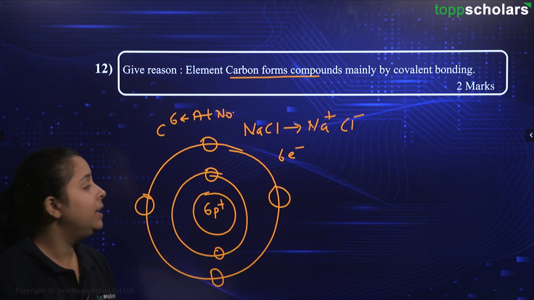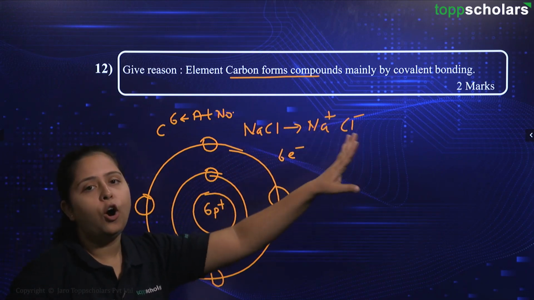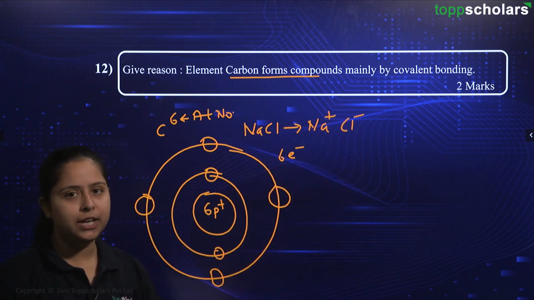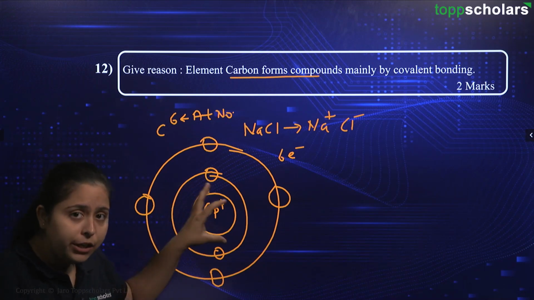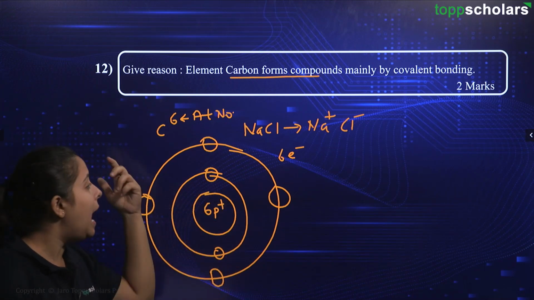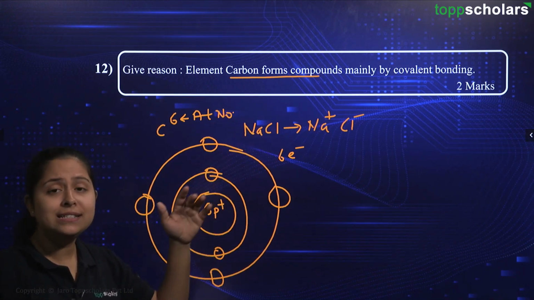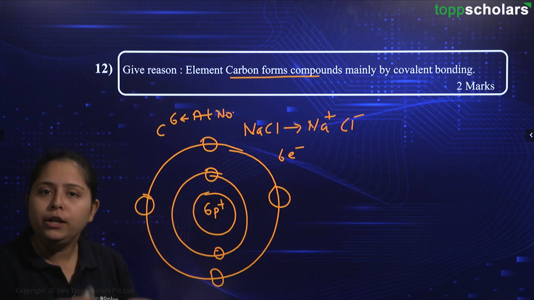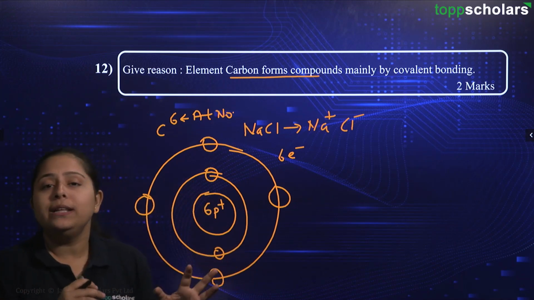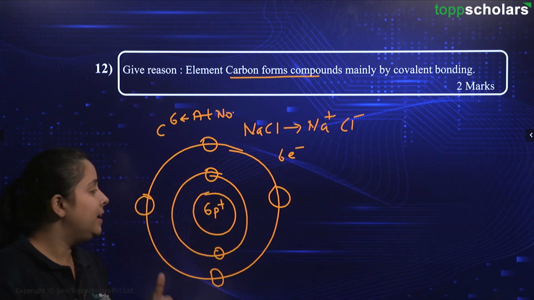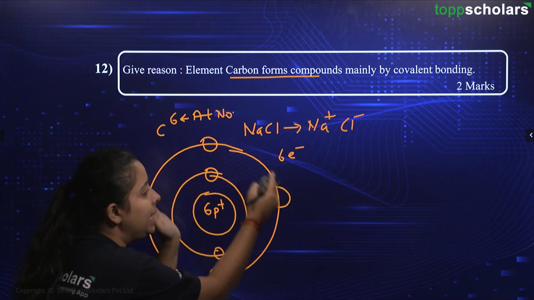Say, for example, this carbon atom donates all 4 electrons in its valence shell. Now it has a nucleus with 6 protons but only 2 electrons, because these 4 are lost. So there is a discrepancy in the energy between the nucleus and the electrons present in the atom.